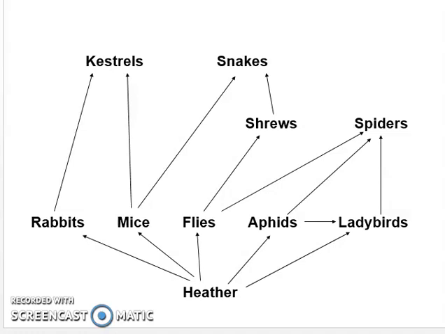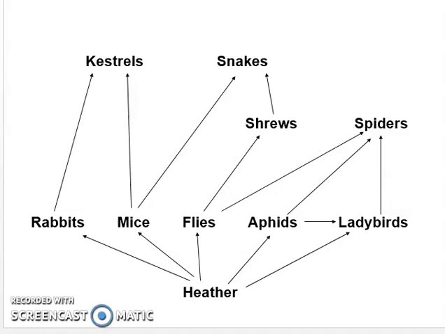So for instance, heather at the beginning is our producer, and the primary consumers, the herbivores, are the rabbits, the mice, the flies, the aphids, okay, but also the ladybird. Now the ladybirds are interesting because if you follow the arrow from the aphid to the ladybird, and then if you follow from heather to ladybird, the ladybird is a herbivore.